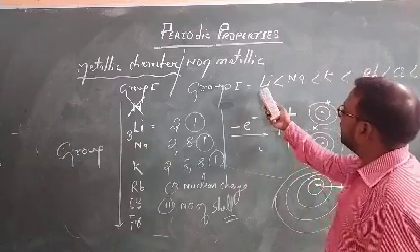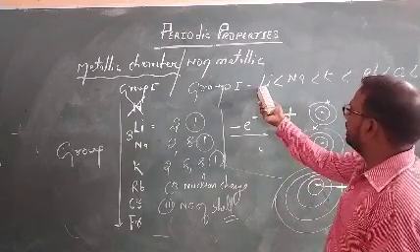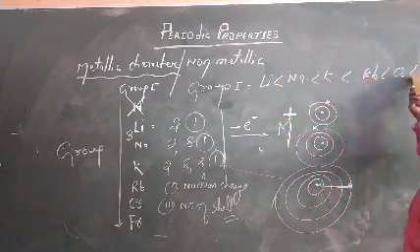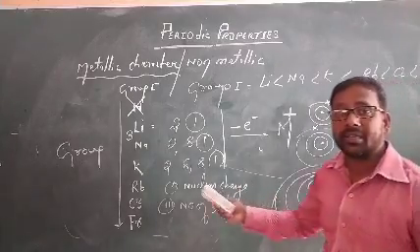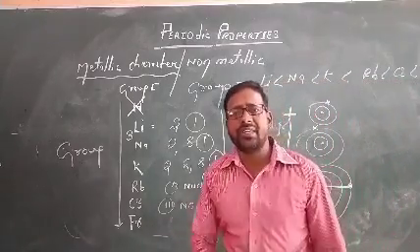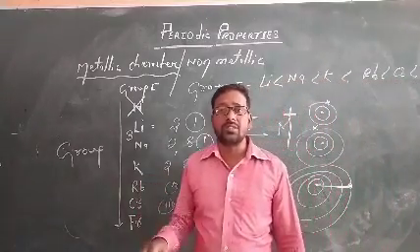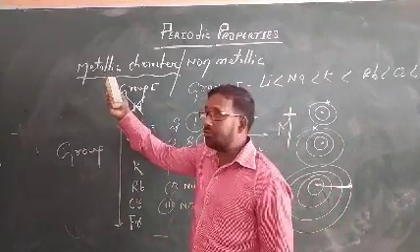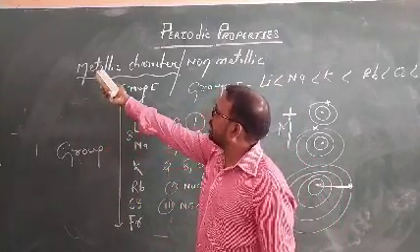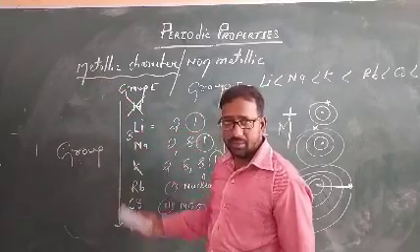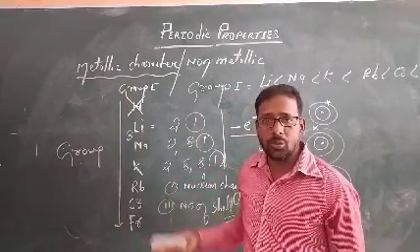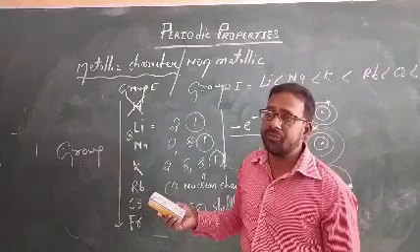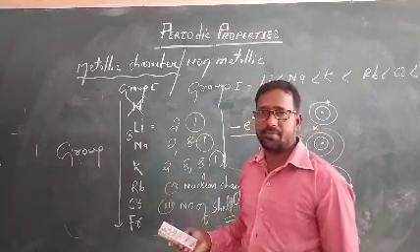The metallic character of lithium is the least in this group, and the highest is francium, because of the greater size. So it is very clear, my dear students, what metallic character in the group is, and what happens with the variation of metallic character in the group: it increases when we move from top to bottom.